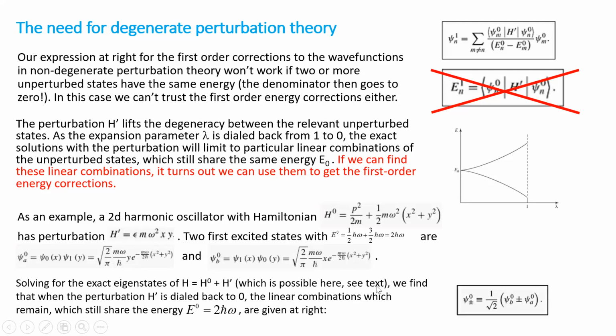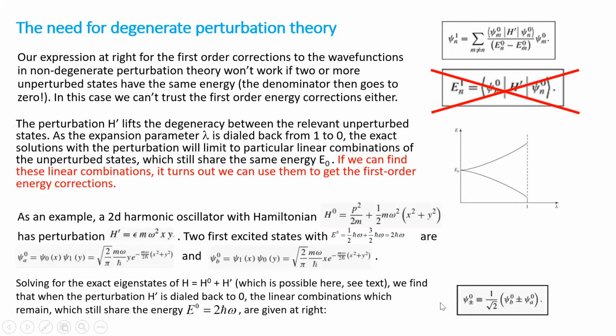You can see the text for the exact solutions with the perturbation present. But we find when the perturbation H prime is dialed back to 0, the linear combinations from these exact eigenstates which remain still share the same energy, so they're still degenerate, but they're the continuation of the exact solutions as we dial that perturbation back to 0.